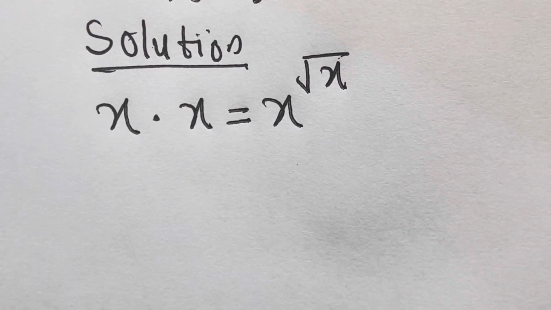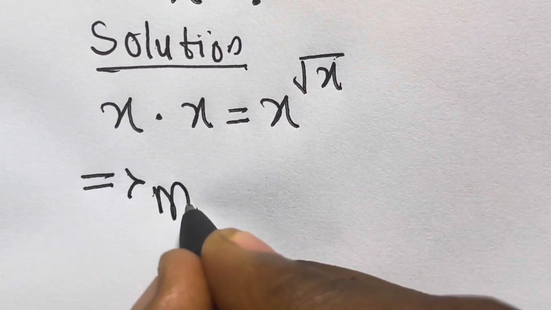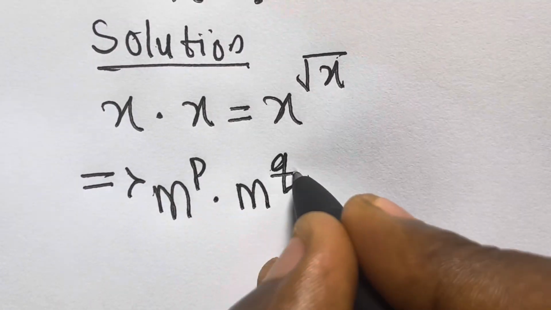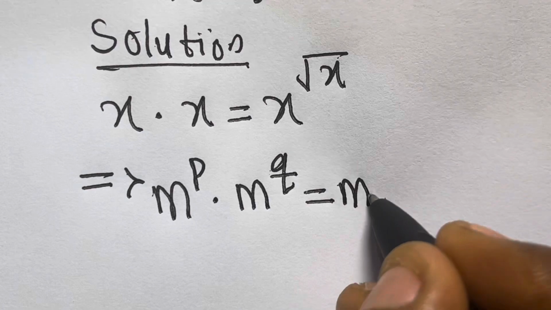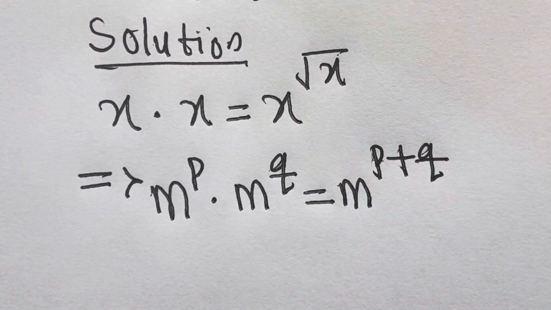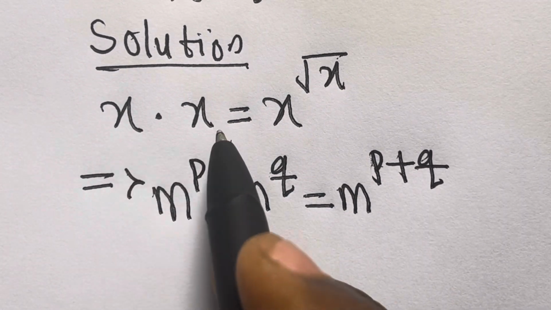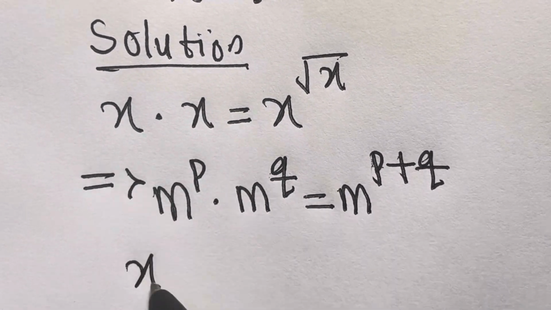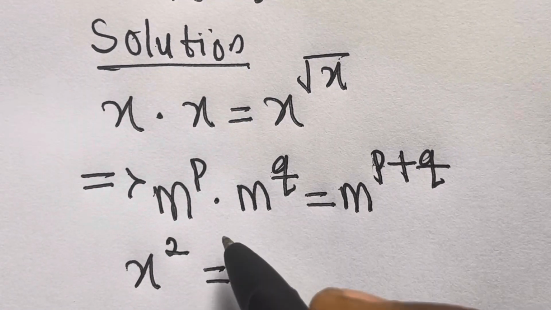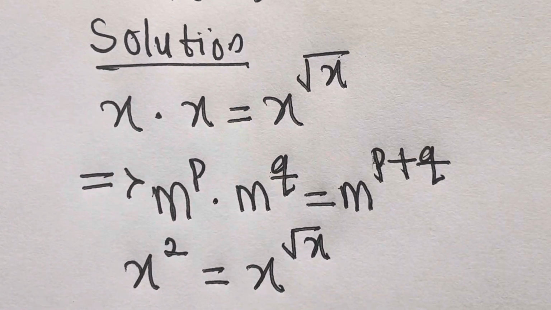So from here, let's recall that if you have m raised to power p times m raised to power q, this equals m raised to power p plus q. So this x times x will give us x squared, equals x raised to power square root of x.